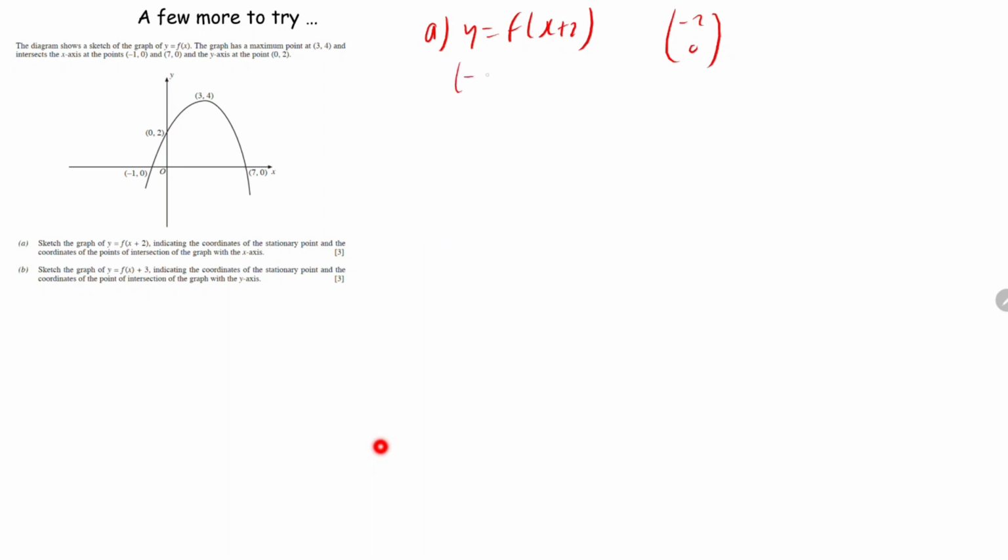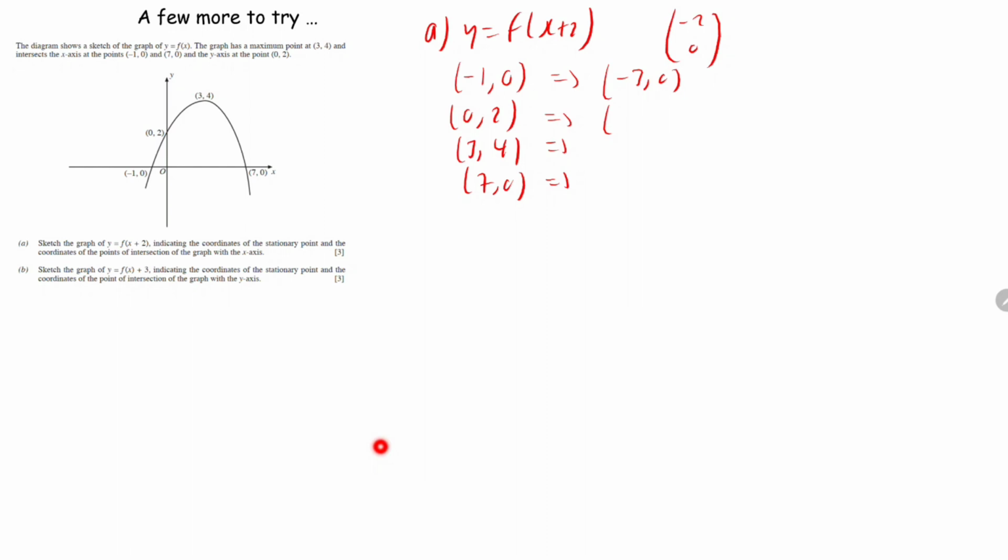We can have minus 1, 0. We've got the coordinates 0, 2. We've got 3, 4. We've got 7, 0. We're going to subtract 2 off each of those. This can give us minus 3, 0.